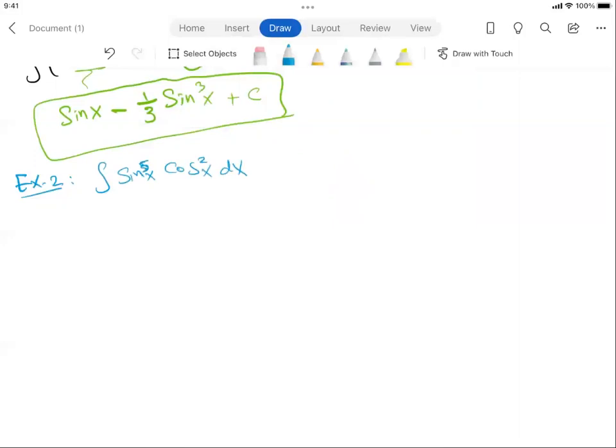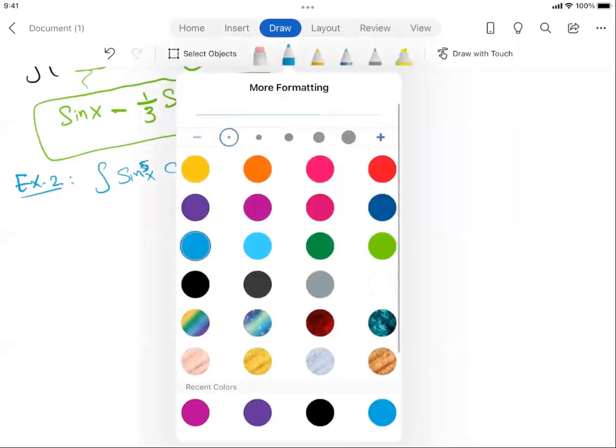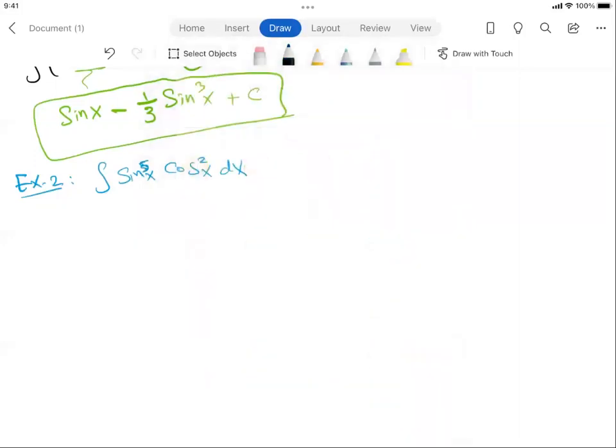So let's attempt to simplify this integral. First of all, I will write this as sine to the power 4 of x cosine square of x sine of x dx. All I did was split sine to the power 5 into two terms, sine to the power 4 and sine of x.